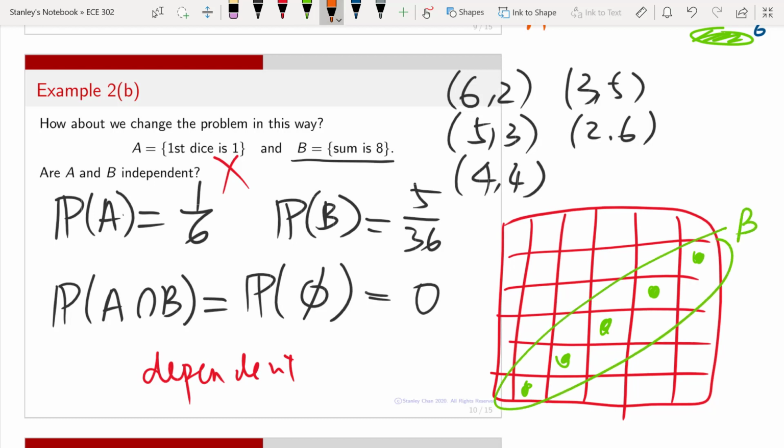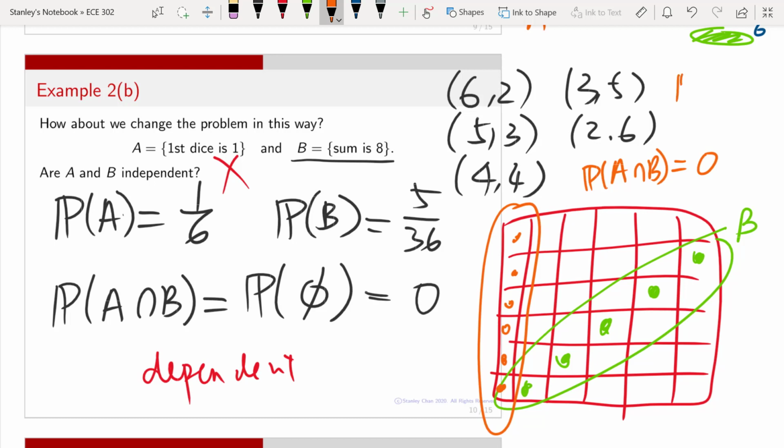And then where is your event A? The event A is here. So here is your event A. Now you ask whether there is an overlap or not. There is no overlap, and so the probability of A intersect B is 0. And then you can also calculate the probability of A, which is this area, 1 over 6.